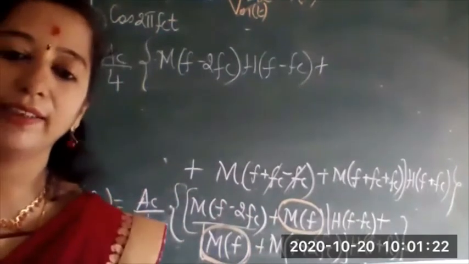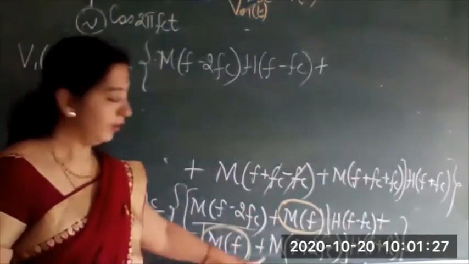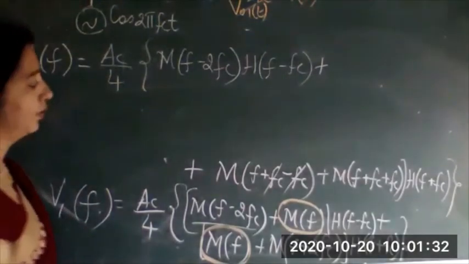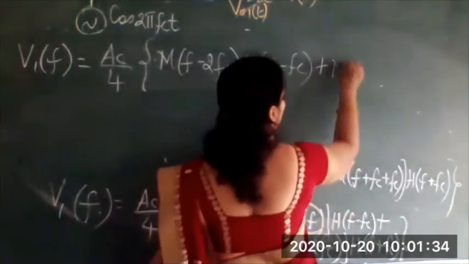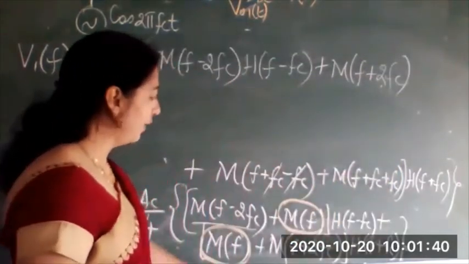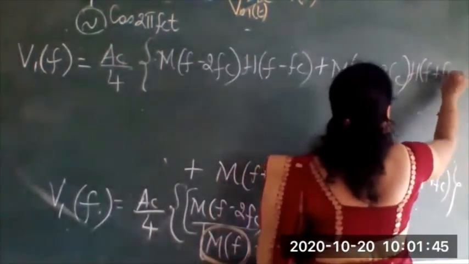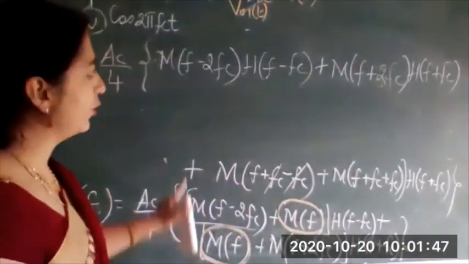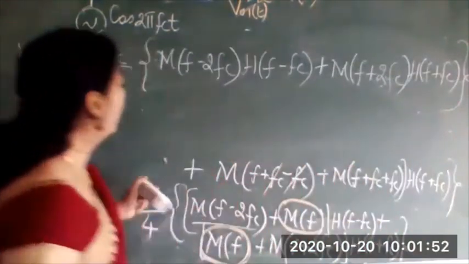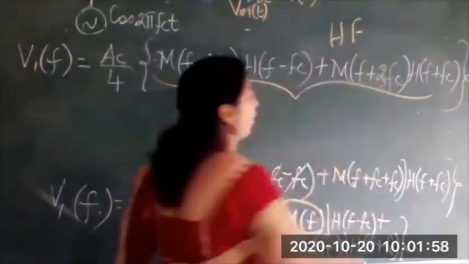So, these two we will write a bit later. Let's write all the high frequency components. So, plus M(f + 2fc) into H(f + fc). M(f + 2fc) into H(f + fc). These are all high frequency components.